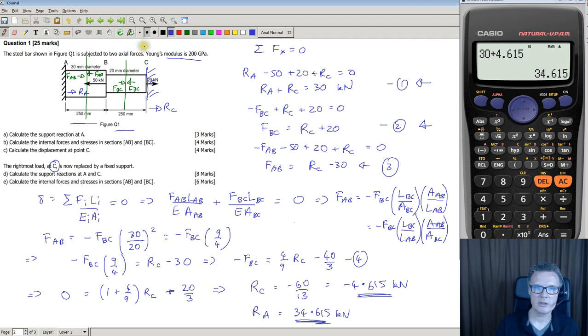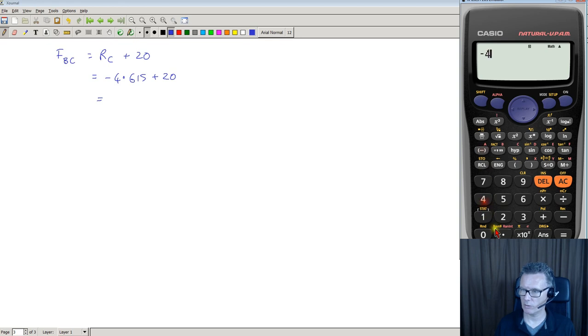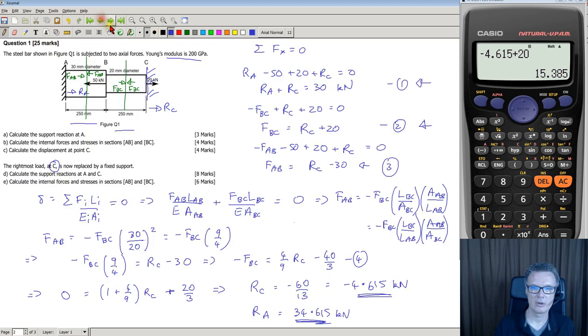RC is minus 4.615 plus 20. So it gives me 15.385 kilonewtons.